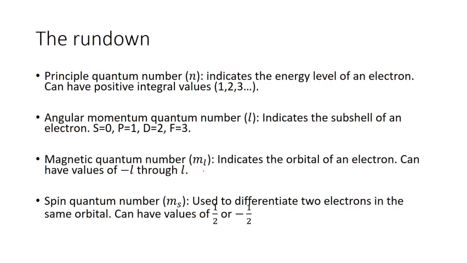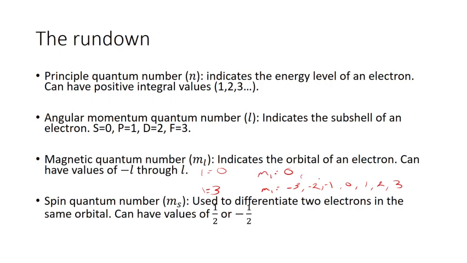M sub L, let's go back to that one for a second. So in this case, if L was equal to 0, m sub L could only have a value of 0. However, if L is equal to 3, m sub L could have values of negative 3, negative 2, negative 1, 0, 1, 2, or 3.